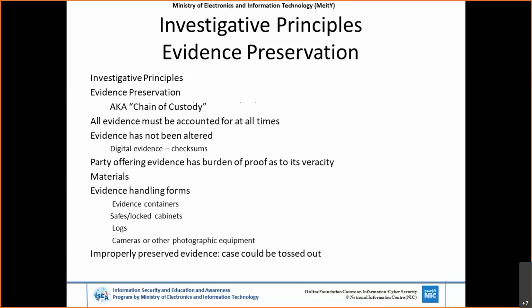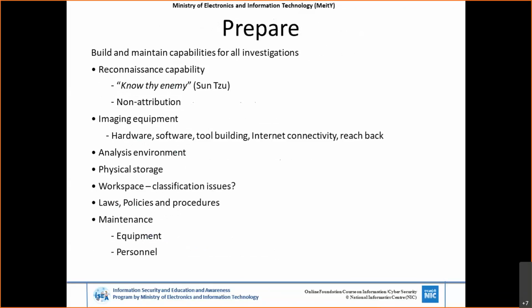As I told earlier, improperly preserved evidence may not be permissible in a court of law. The preparation phase states that you have to be well equipped to counter any attack scenarios or any forensic locations. You should have equipment for hardware, software, tool buildings, internet connectivity.